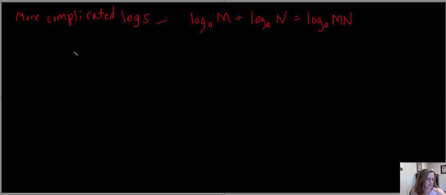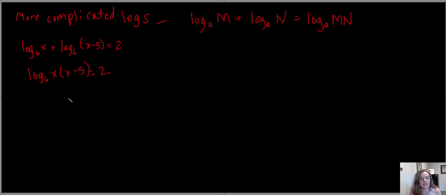This particular problem is going to use that rule. When we see a plus between two logs that have the same base, we put them together with multiplication. We just always do that.